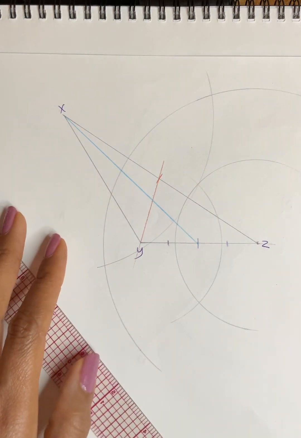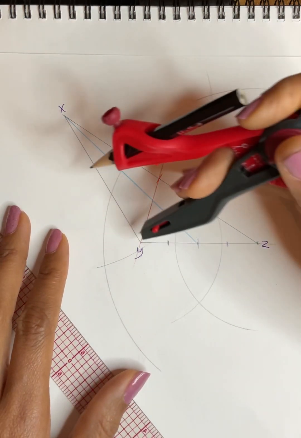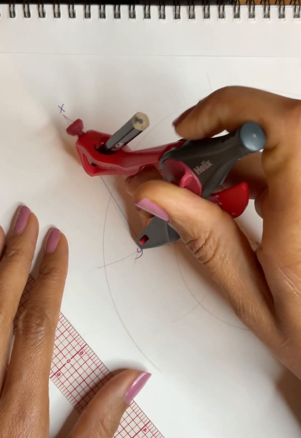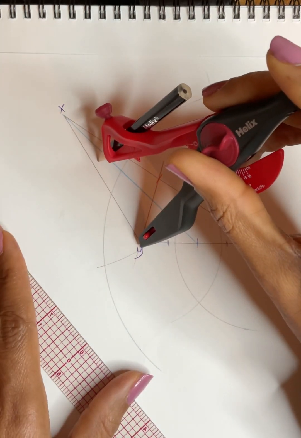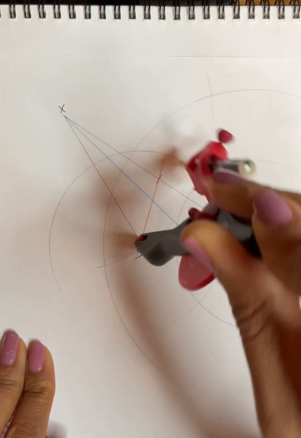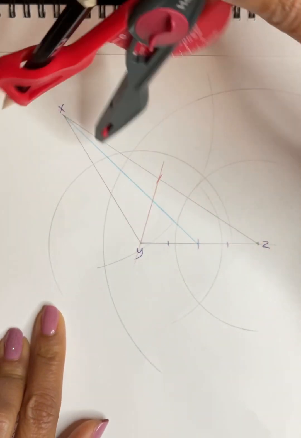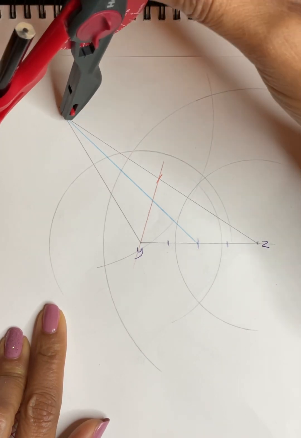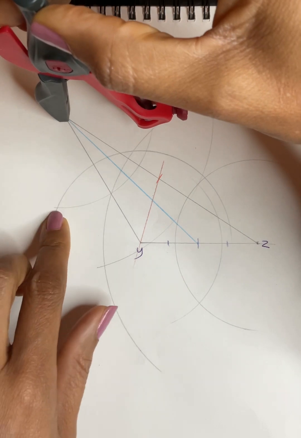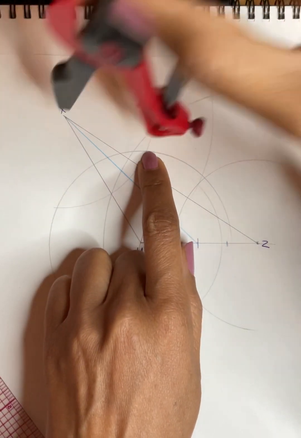Now we need the third one, which is the segment XZ we didn't bisect, so I need a little bit more than half once again on your compass span, and I'm going to create an arc or a semicircle. Right, there are a lot of arcs going on in this diagram, so just be careful with the ones that you're intersecting. I need this one right here and this intersection right here.